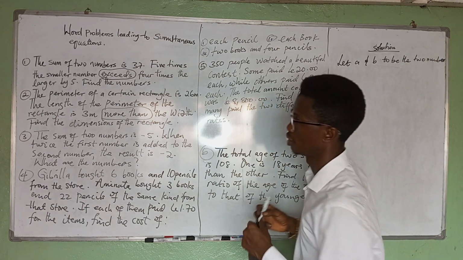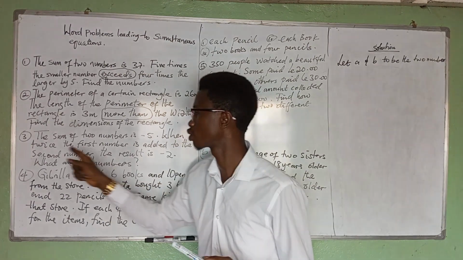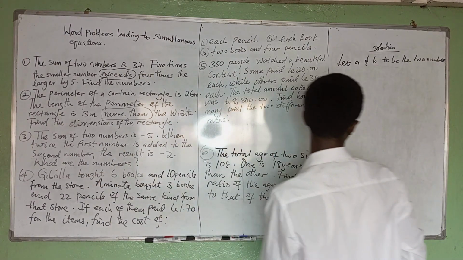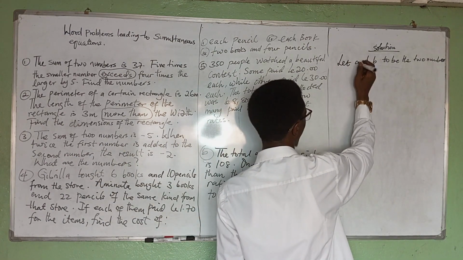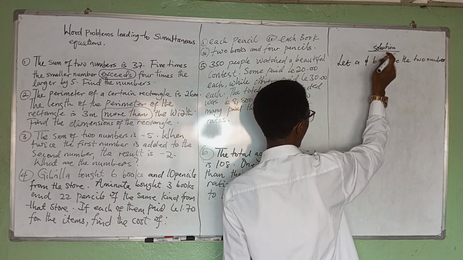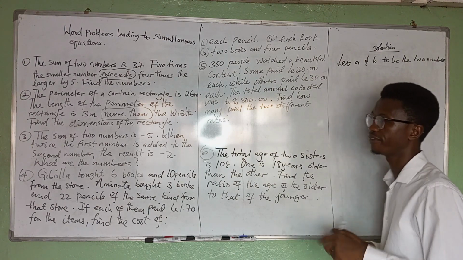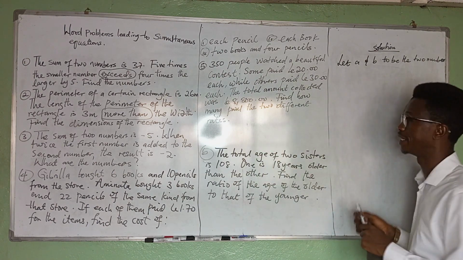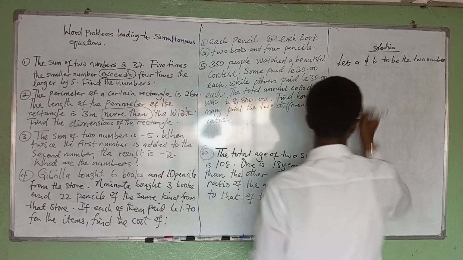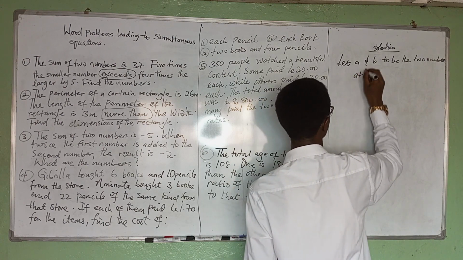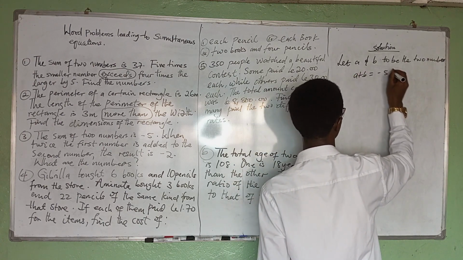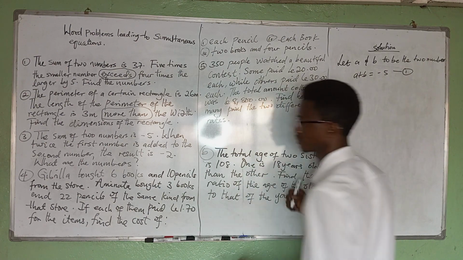So A is the first number and let's say B is the second number. The sum of the two numbers, you add, so that's going to be A plus B is minus 5, which is equation 1.